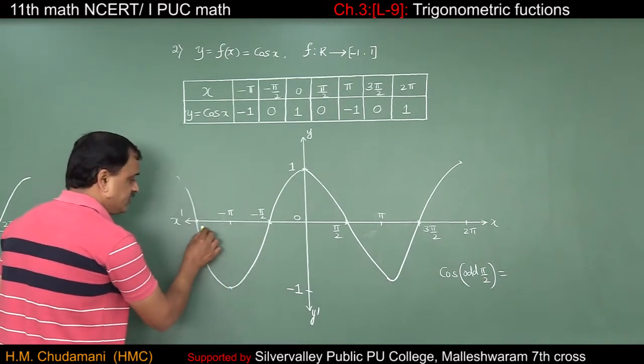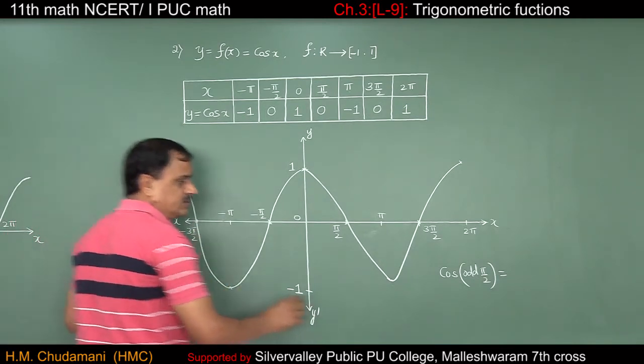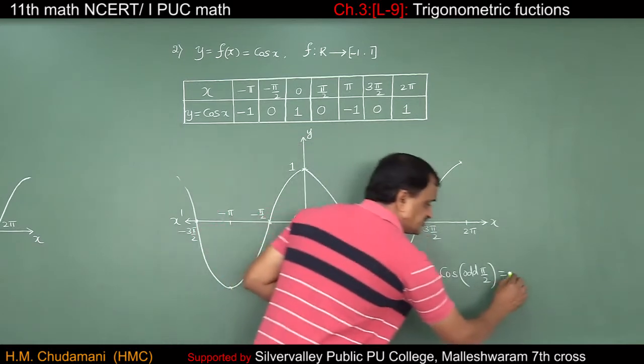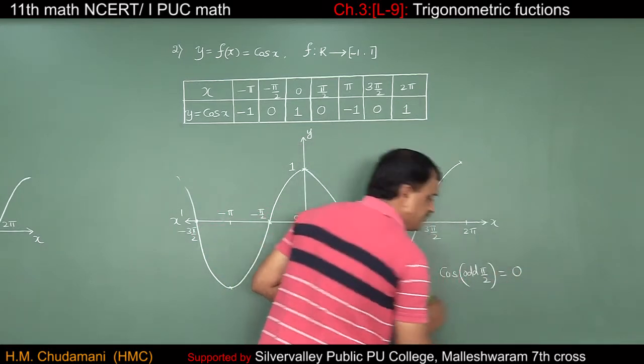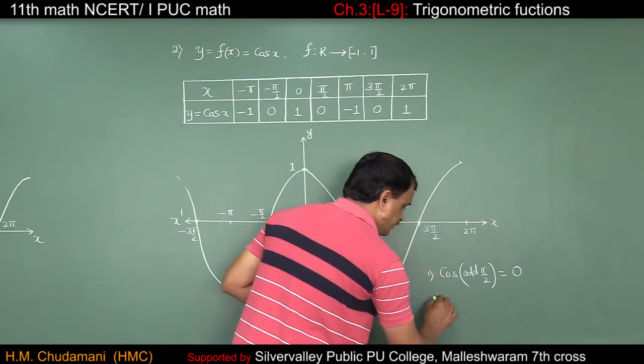So all are on the x-axis. Cos of odd pi by 2 is 0.